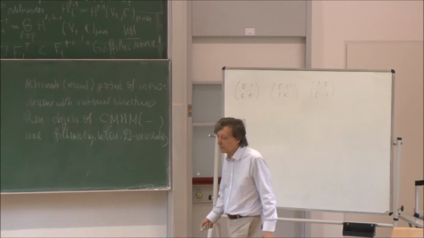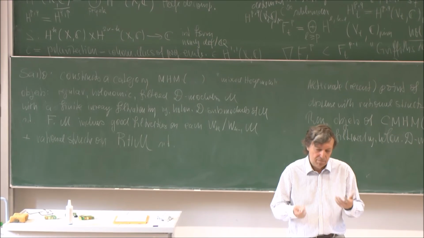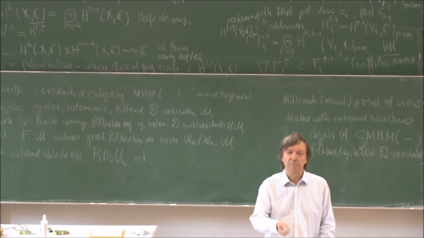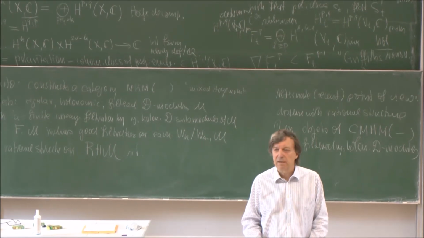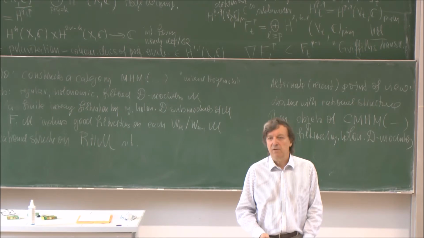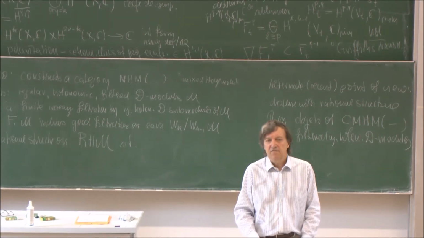So the rational structure, what it means is that around, let's say, the divisors, the monodromy has eigenvalues that are roots of 1. And if you forget about the rational structure, then all you have is that there are eigenvalues of absolute value 1. But that suffices.